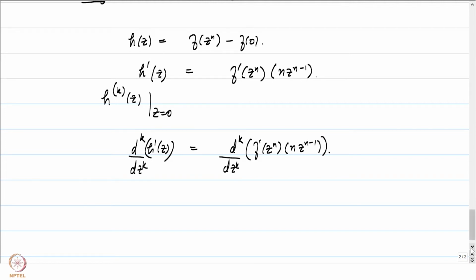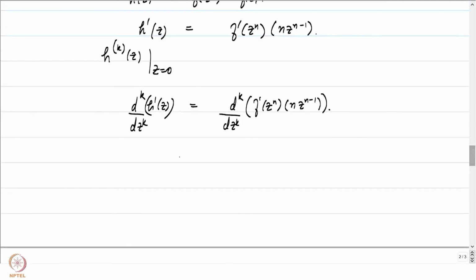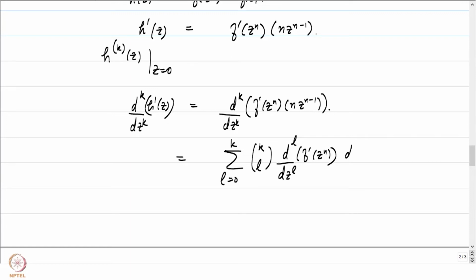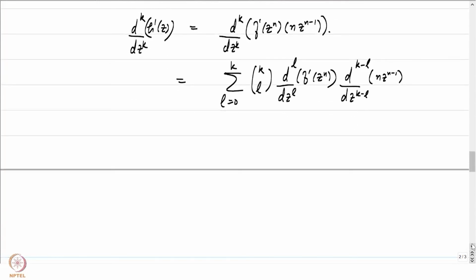Now this has the general Leibniz rule applied to it, and we can conclude that this is going to be equal to the summation over L from 0 to k of k choose L, times d^L/dz^L of f'(z)^n, and the second term is going to be d^(k-L)/dz^(k-L) of n z^(n-1). This is the exact expression of the general Leibniz rule that we have.